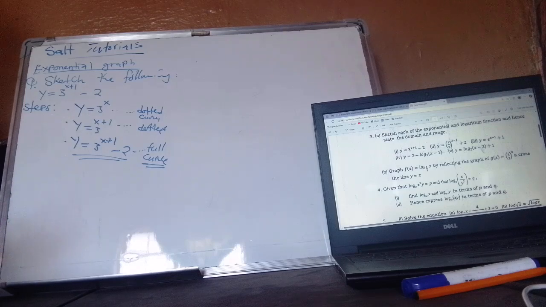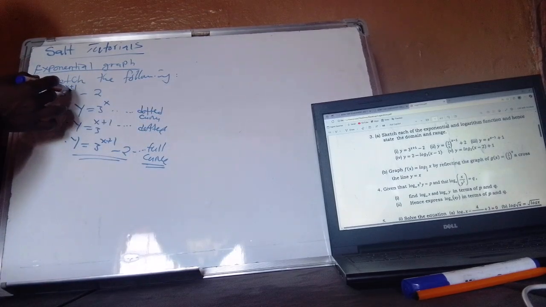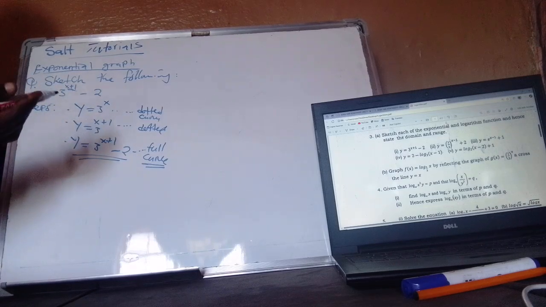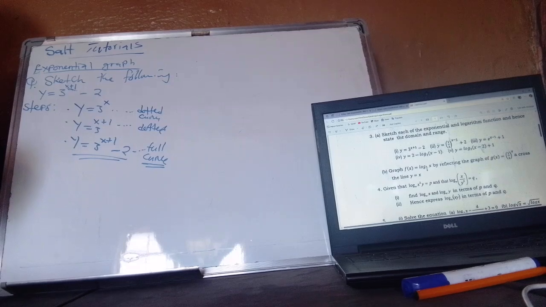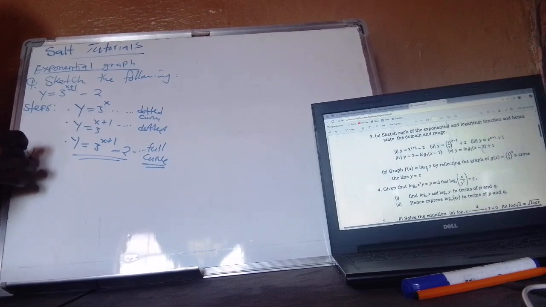Every time we are trying to sketch any function, we always start by looking at the horizontal translation first. All translations which are happening in the x, we deal with them before coming to the translations which are happening in the y. So we have to note something.